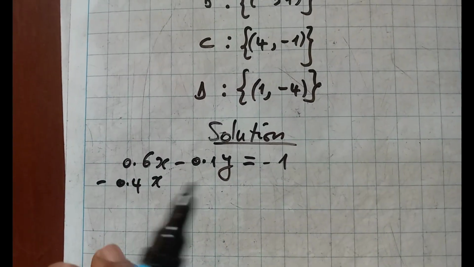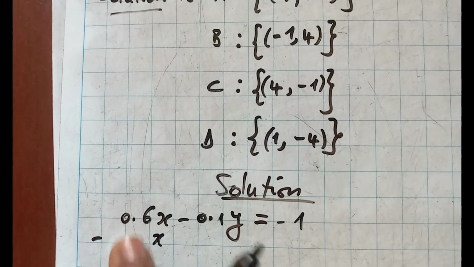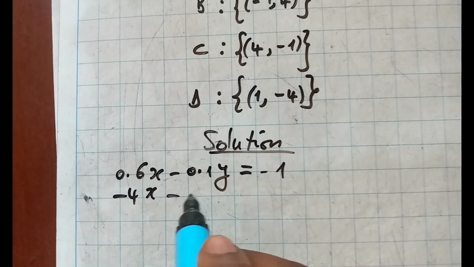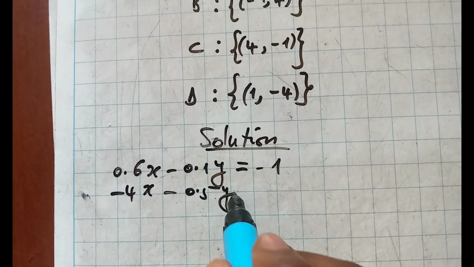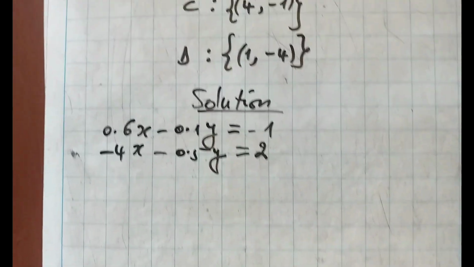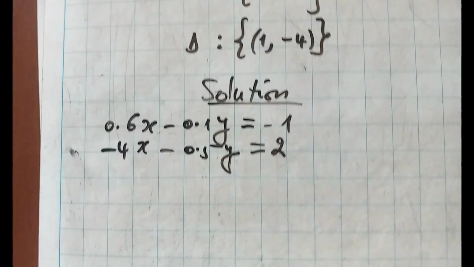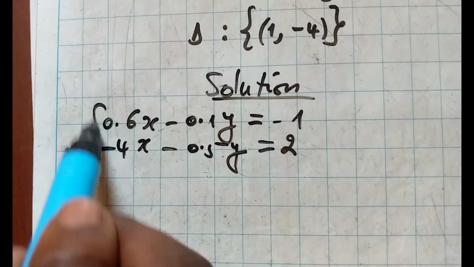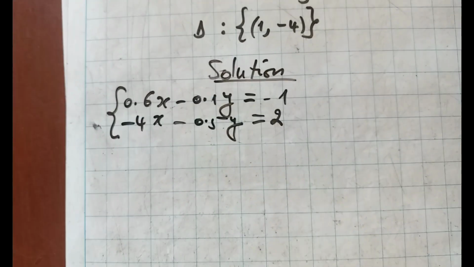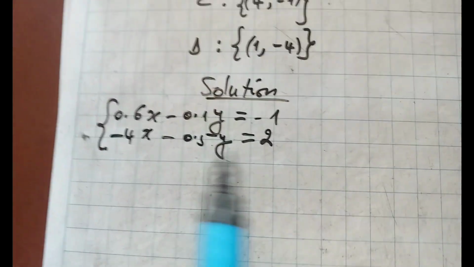No, this is not 0, but it is negative 4, minus 0.5y, which is equal to 2. Then those are two equations which are making the pairs of simultaneous equations we need to solve for x and y.